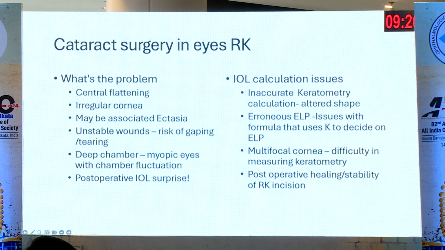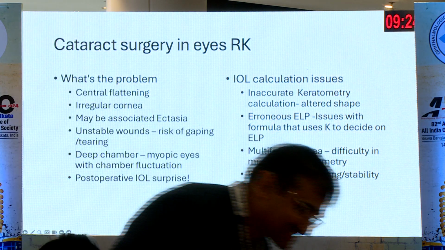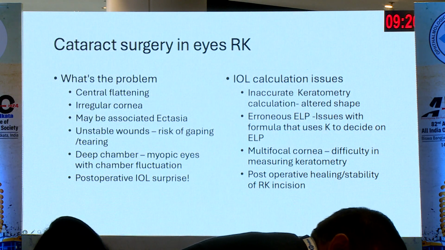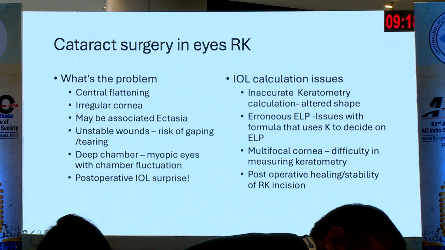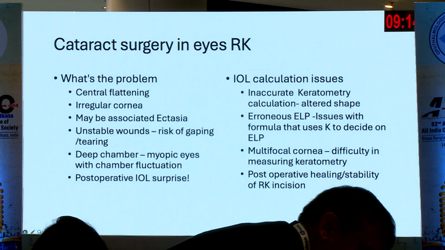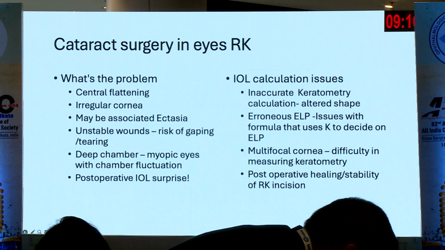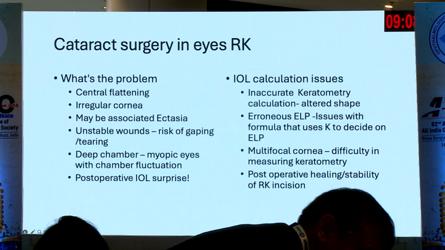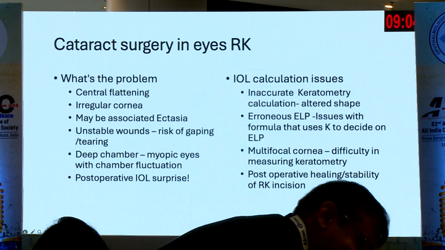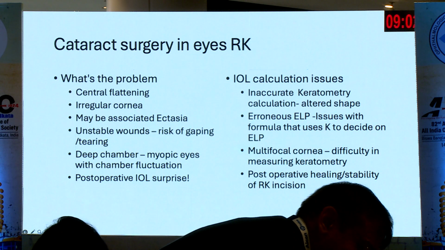As far as IOL calculation is concerned, the reason for the error is the inaccurate keratometric value. You have an erroneous ELP if you're using, say, a formula like SRK/T, which uses the corneal curvature as a surrogate for ELP. It's already a multifocal cornea, so it becomes very difficult, especially if it's not a very well-centered RK, to calculate the IOL power.